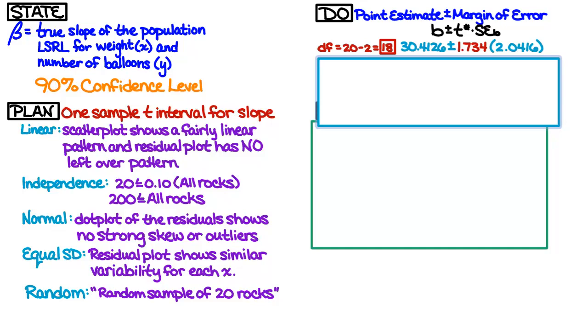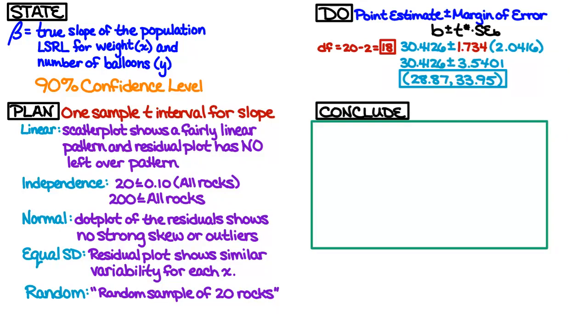And then the standard error of B. When you look at the Minitab data, it'll say SE above a column. You want the one that's down by the slope, because we want the standard error for the slope, 2.416. And so you should get a confidence interval of roughly 28.87 to 33.95.